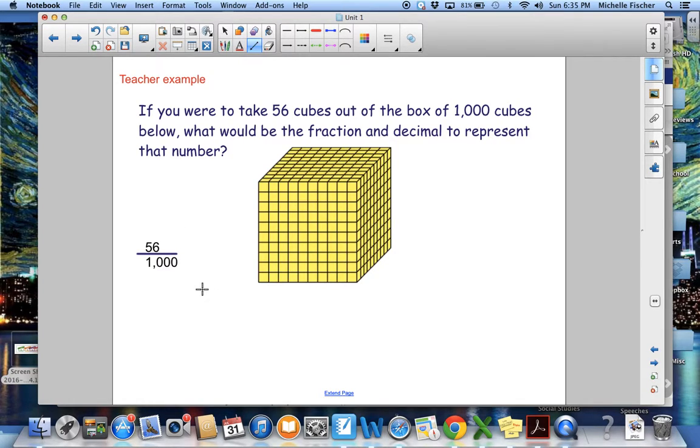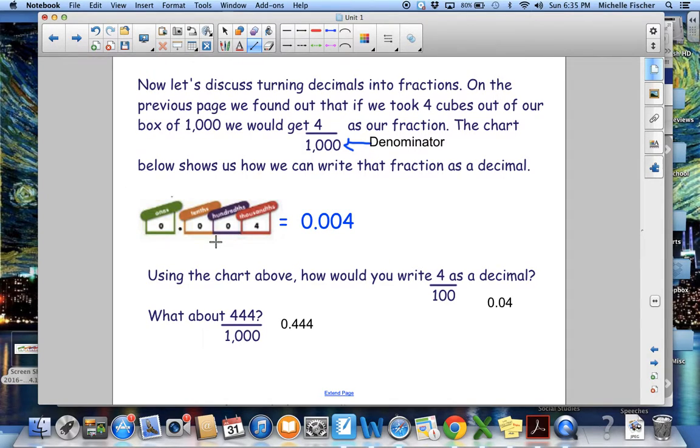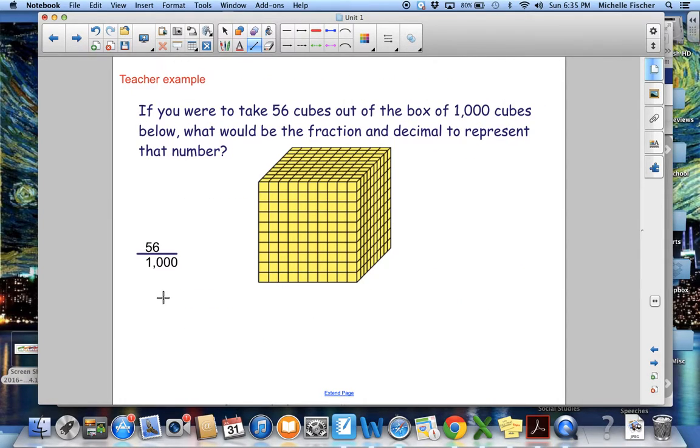Now I have to turn it into a decimal. So if I need to, I can go back and take a look at this chart right here, and I see that thousandths is 1, 2, 3 spaces away from my decimal. So that means my 6 needs to be in that third space, in that thousandths place.